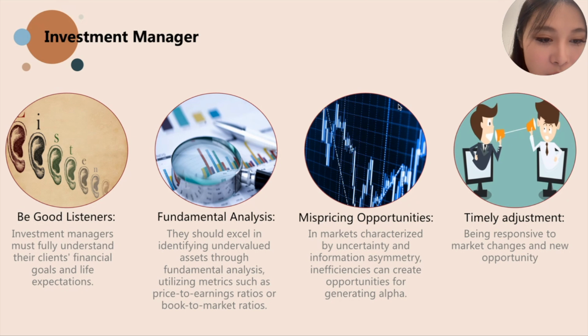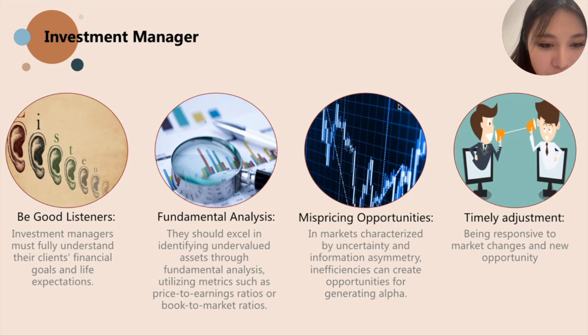Targeting companies with balanced growth and stable cash flow, especially those with strong quality and durability, often leads to better long-term performance. Identify mispricing opportunities. In markets characterized by uncertainty and information asymmetry, inefficiencies can create opportunities for generating alpha.